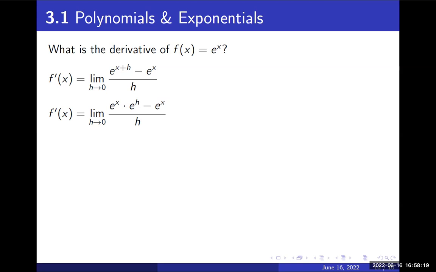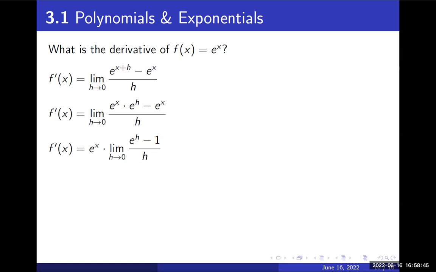Well, notice now both terms of the numerator have an e to the x. So that can be factored out like so. Not only can it be factored out of the numerator, leaving e to the h minus 1, but we can actually take that e to the x all the way outside, even in front of the limit. How are we allowed to do that?